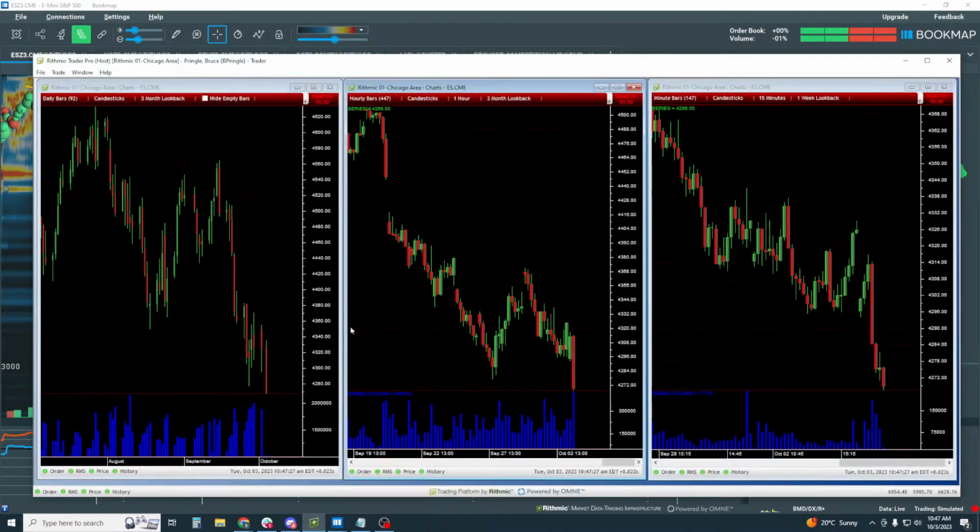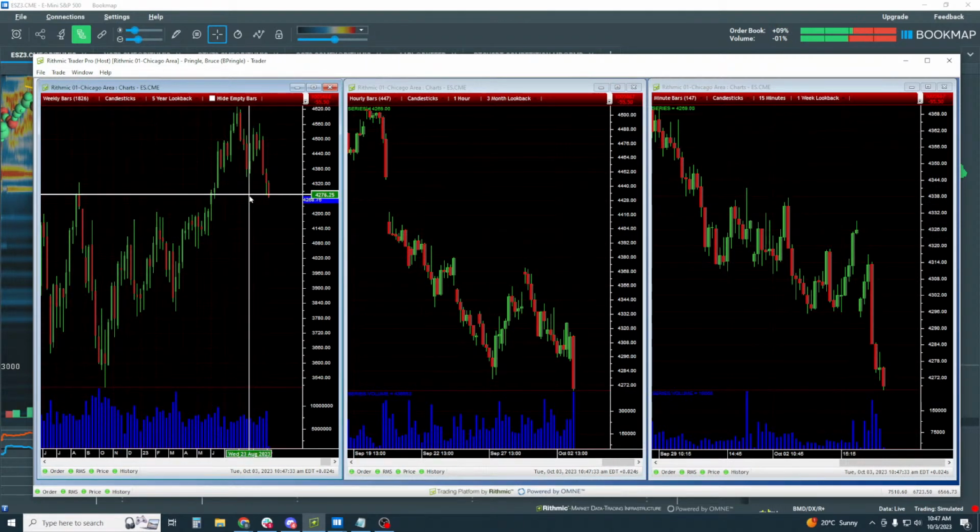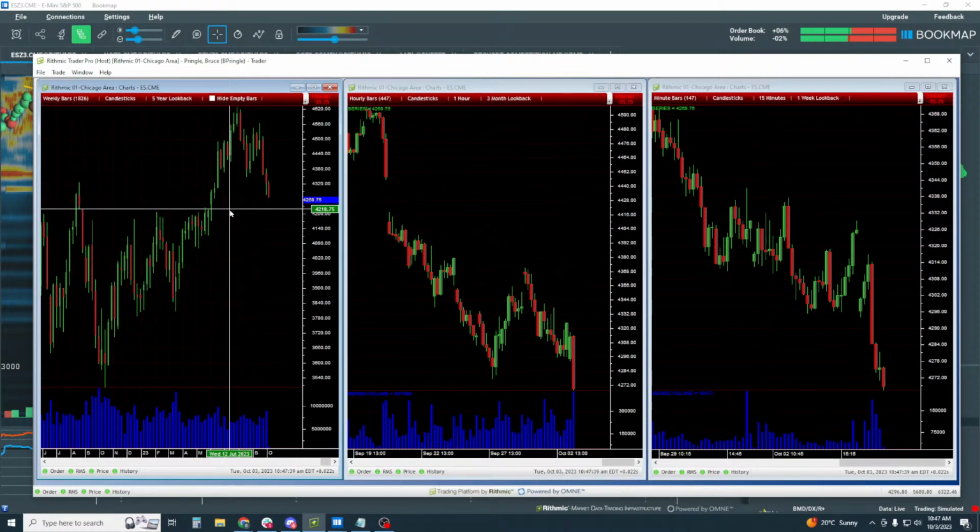In fact, let's take a look at the weekly chart as well. Here it is, and this is the weekly swing that we were just talking about, and it's being tested. On the weekly chart, 42.18 looks pretty good, so that's 50 points away.